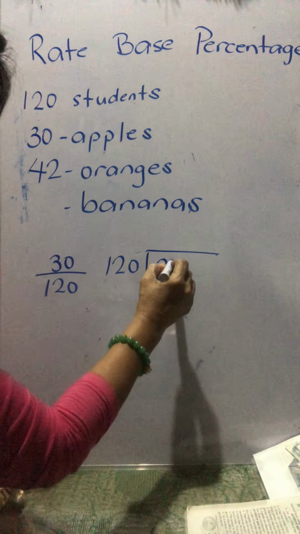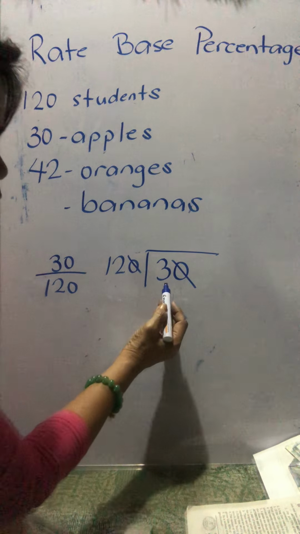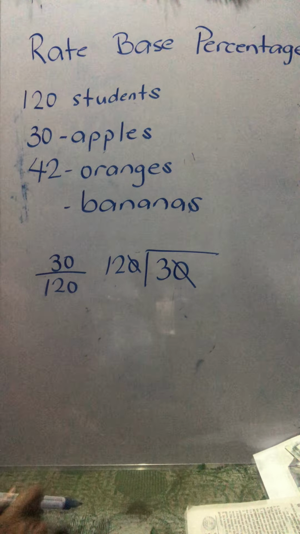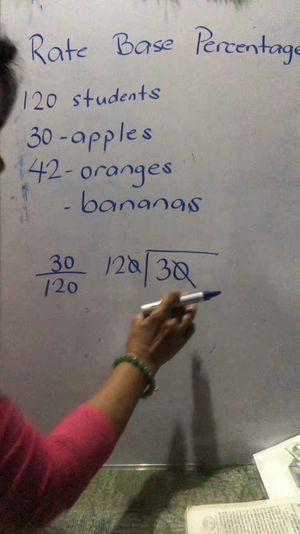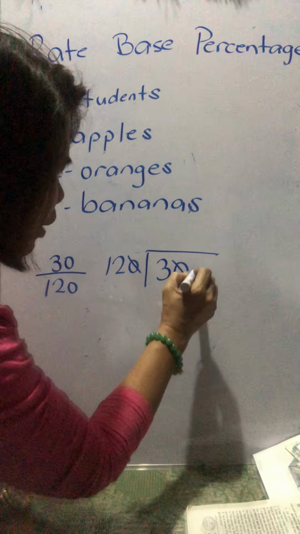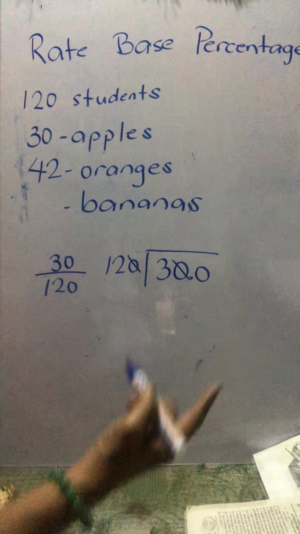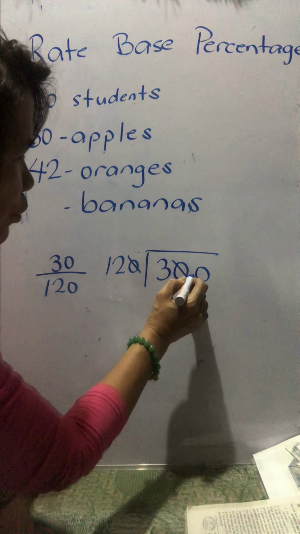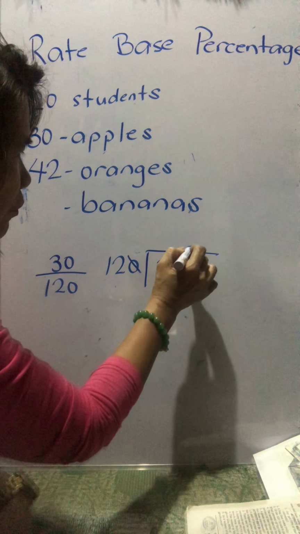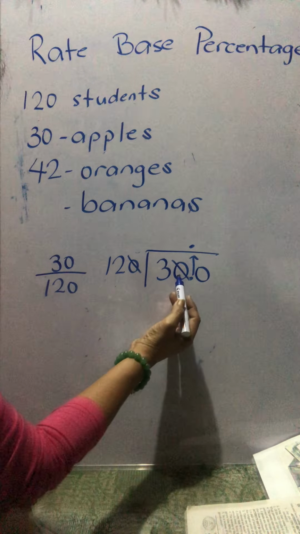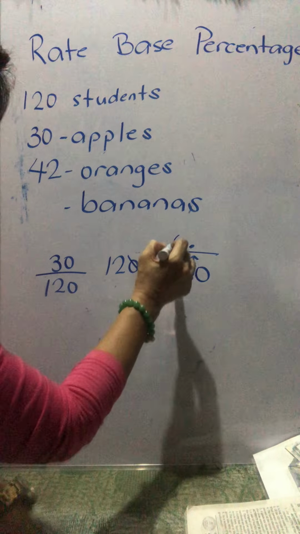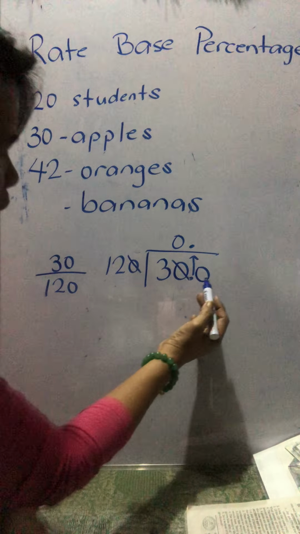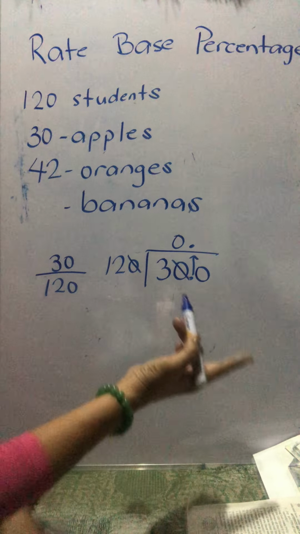Cancel ninyo muna 0. Sorry, ha? We have to add point. And then itong point na ito, itaas natin diyan. Sa 30, ilan ang 120? Wala. Sa 300, ilan ang 120?